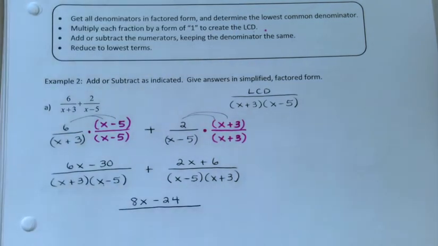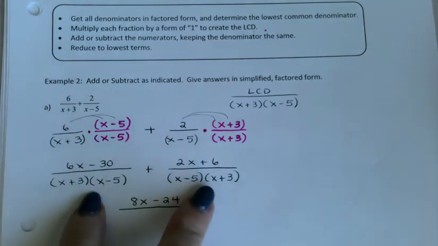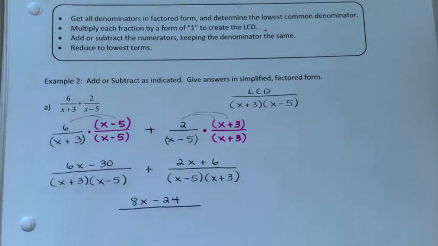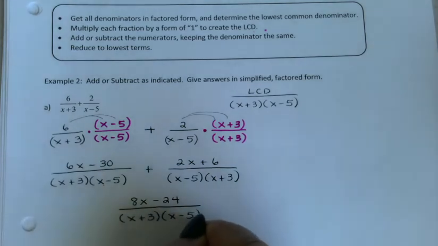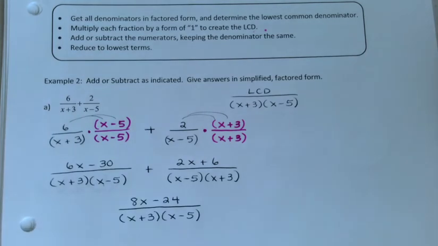over the LCD. And by the way, it doesn't matter which order you choose to write the factors in. Either way is fine. I'll just do x plus 3 over x minus 5. I'd like to check that to see if it can be simplified. And in this case, I think the answer is it can't.